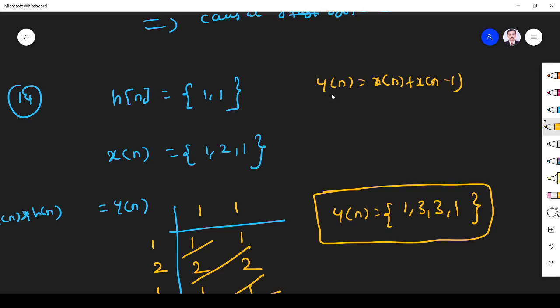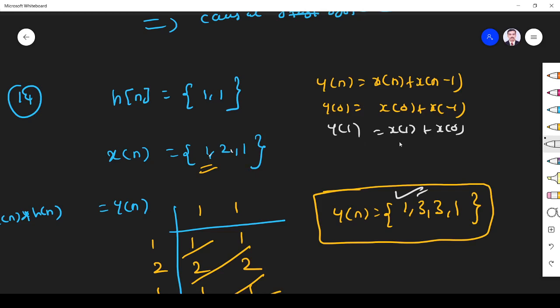Here you see, what is y of 0? y of 0 is x of 0 plus x of minus 1. x of 0 is 1, x of minus 1 is not there, so it is 1. y of 1 is x of 1 plus x of 0, so 1 plus 2, 3. y of 2 is x of 2 plus x of 1, 2 plus 1, 3. y of 3 is x of 3 plus x of 2. x of 3 is not there, x of 2 is 1, so 1.